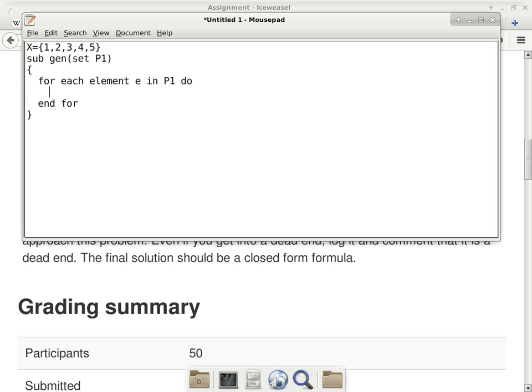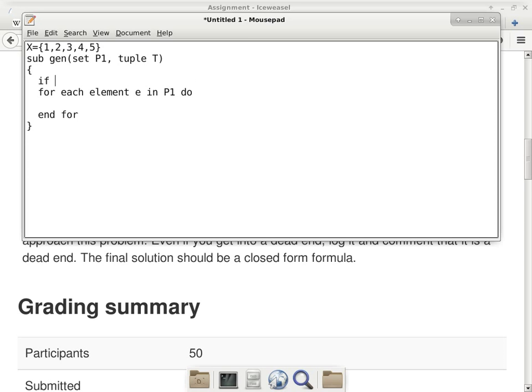Okay, so I think we need a second parameter. So we need a tuple T here. So what we do is, well, I think we can do it recursively. We need a conditional statement here.